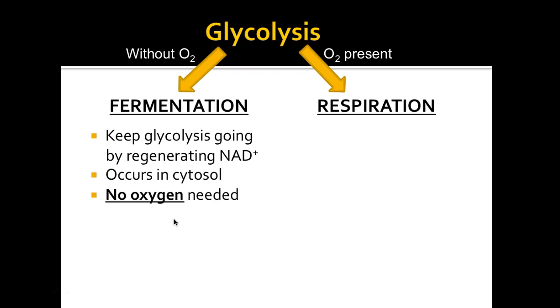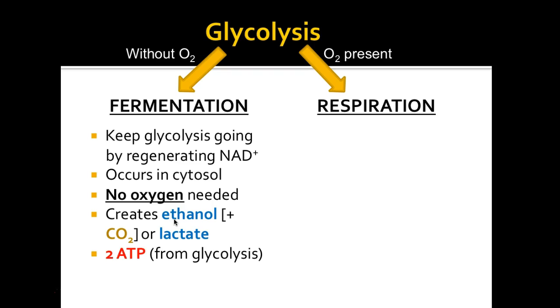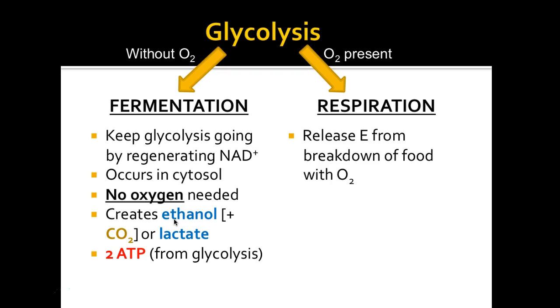It occurs in the cytosol, no oxygen is needed, and you could create ethanol and carbon dioxide gas or lactate as a byproduct, depending on the cell or the organism that is carrying out the process of fermentation. Ultimately, the only amount of energy you are making is the 2 ATP from glycolysis.